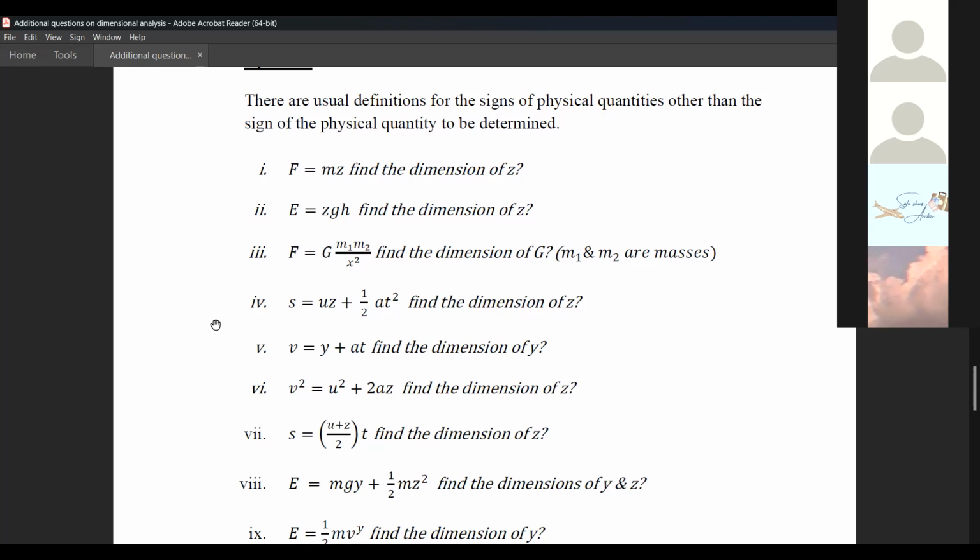So what is X in the third one? X is the distance. Distance.